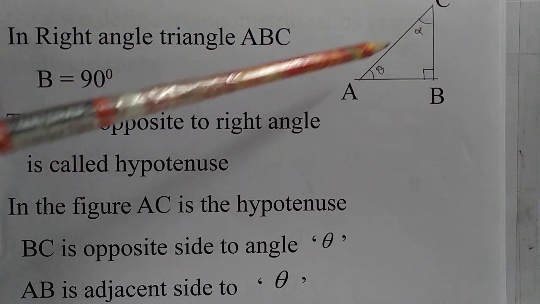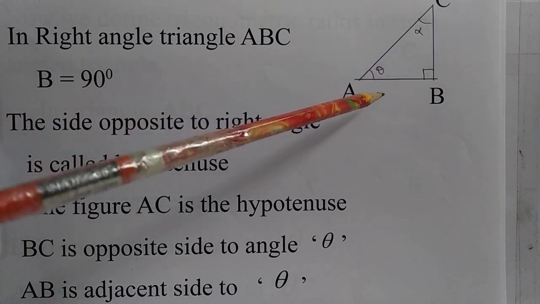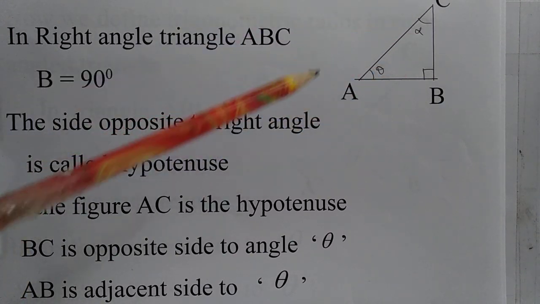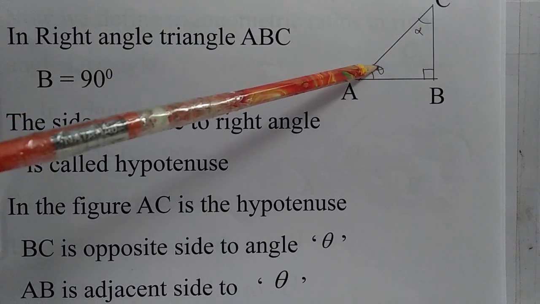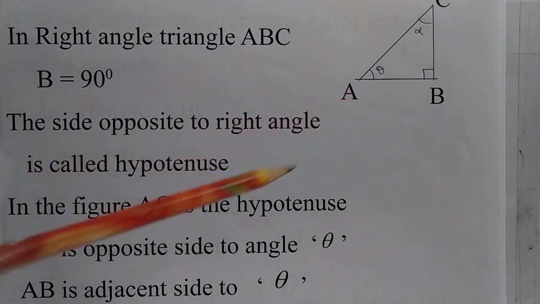BC is the opposite side to theta, and AB is the adjacent side to theta. Once again, AC is the hypotenuse, BC is the opposite side to theta, and AB is the adjacent side to theta.